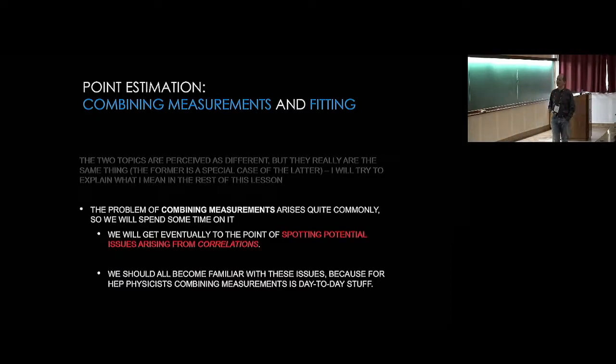We are very often in the situation that we need to combine measurements. And the trick here arises when the measurements that you are combining are somehow correlated among each other. What does it mean for two measurements to be correlated? Well, they might be sharing some data.